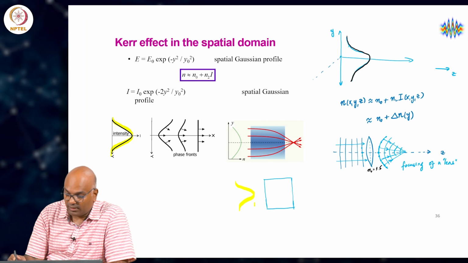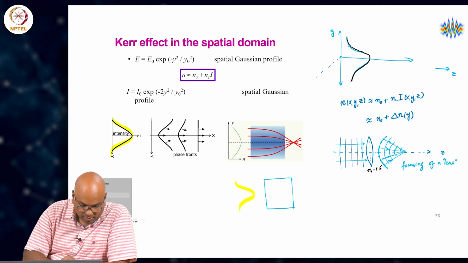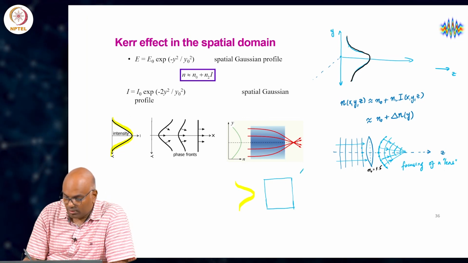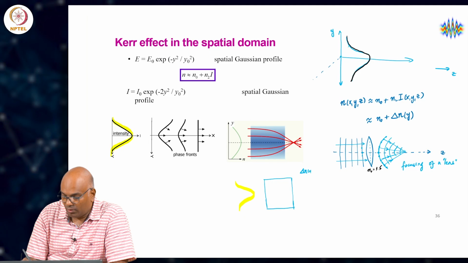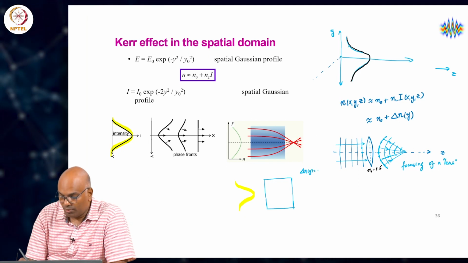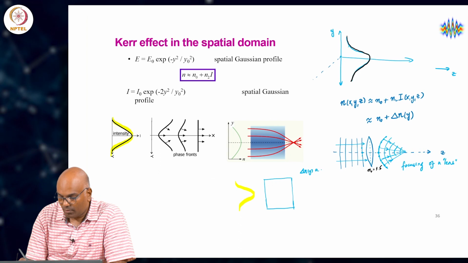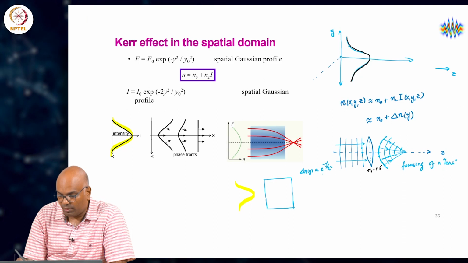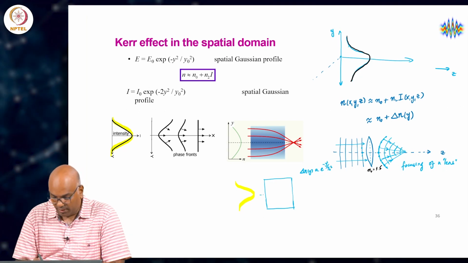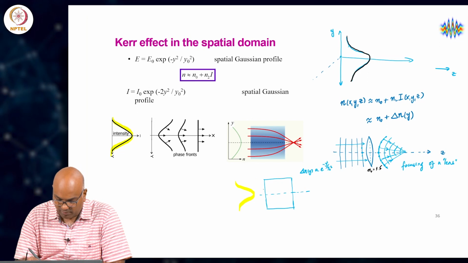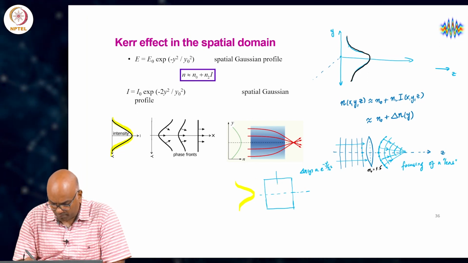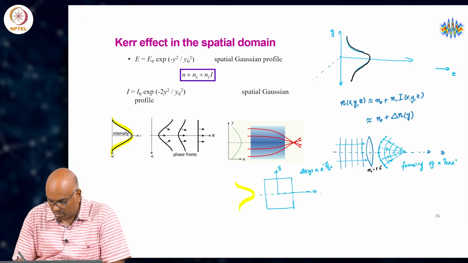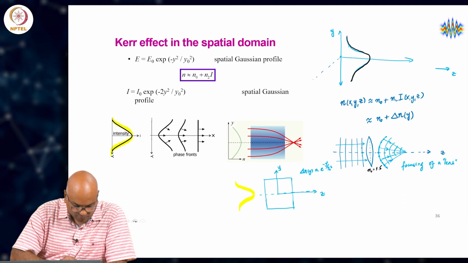Now, since delta n of y now also has the exponent of minus y square by y naught squared form, we must define the y coordinate of this problem. This is the y, this is the z coordinate of this problem.